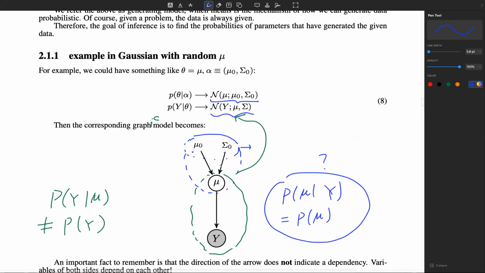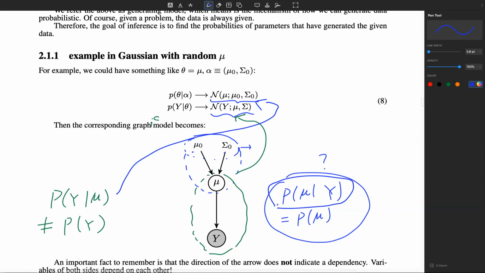Once you have specified your conditional density, P of Y equal to this, what about the reverse? Do you need to specify it again? You don't. You have specified P of Y conditioned on mu.